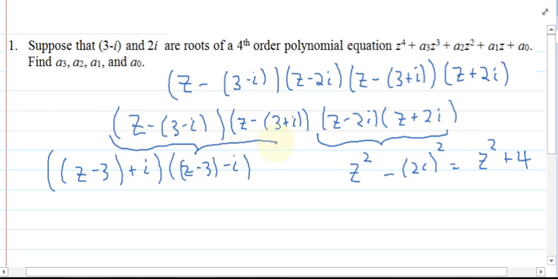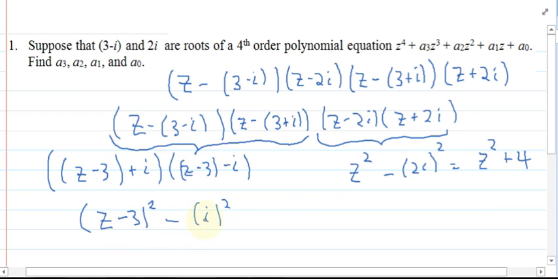Now, this is a difference of squares because I have something plus something times something minus something. So the result is z minus 3 squared minus i squared.